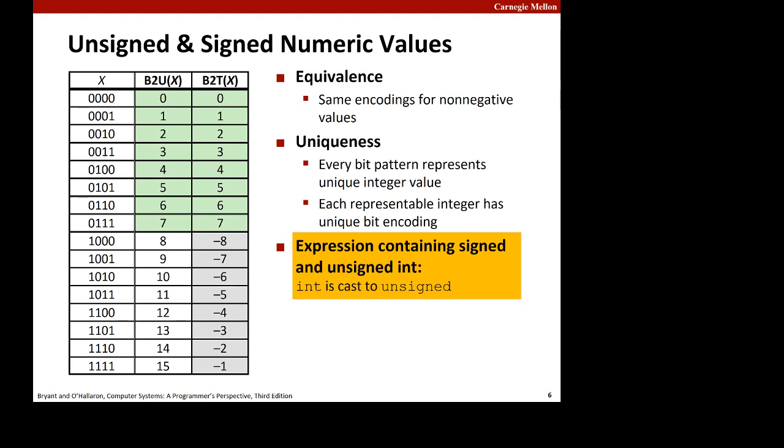As an unsigned number, it can range from 0 to 15. But as a 2's complement number, it can range from minus 8 to positive 7. And you'll notice that for the positive case, the place where these two representations overlap, they match. But for the cases where they don't, what is a relatively large number as an unsigned becomes a negative number as a signed number.